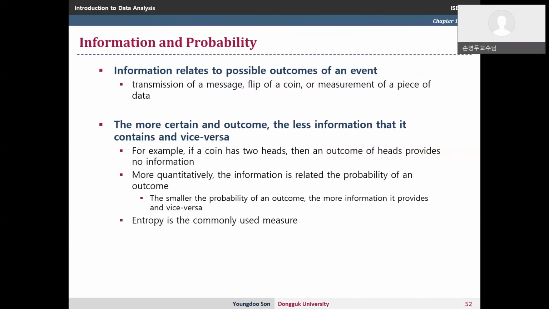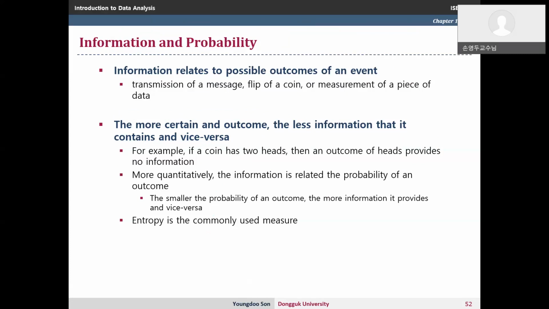So let's define the information here. In information theory, information relates to possible outcomes of an event. For example, we flip a coin. Then there are two possible outcomes.